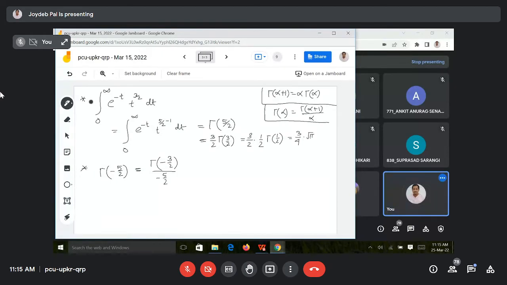Right. Now again apply the same formula for gamma of minus 3 by 2. Now you assume alpha is minus 3 by 2. Then gamma of minus 1 by 2 divided by minus 3 by 2, right?